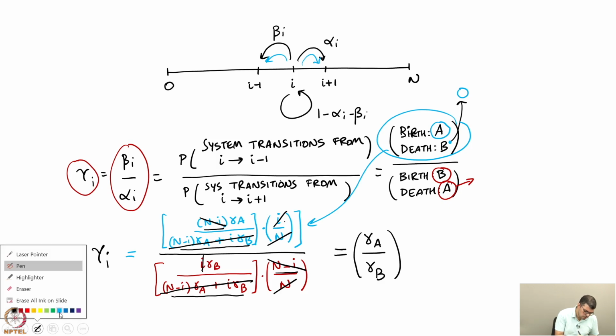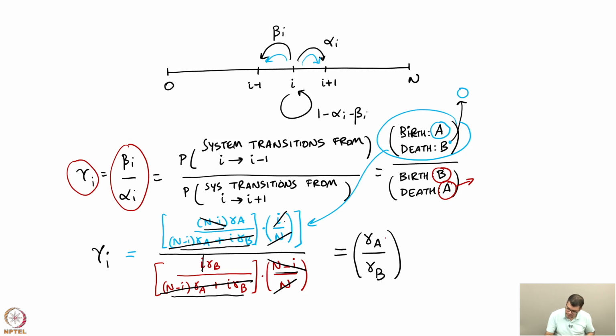So, you should note here that R_A is the fitness of the ancestor genotype and R_B is the fitness of the mutant genotype.